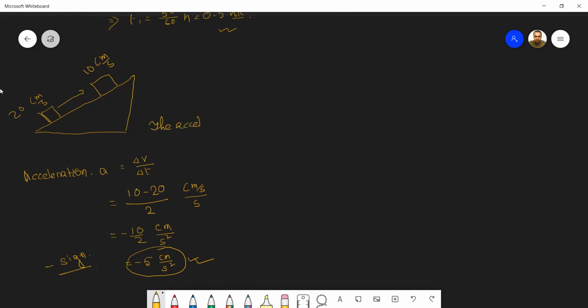The velocity is decreasing with time along the direction of motion, and that is why acceleration in this case has got a negative value. Okay, so I hope you have understood this problem, the concept behind this problem.